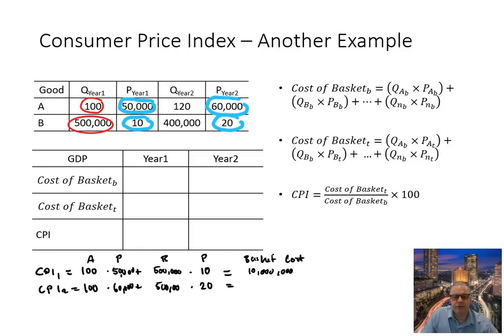But now for the CPI in year 2, we again keep the quantities of the base year, so we still have only 100 A and 500,000 B. So now we have 6 million plus 10 million, so the cost of the basket in year 2 is 16 million.